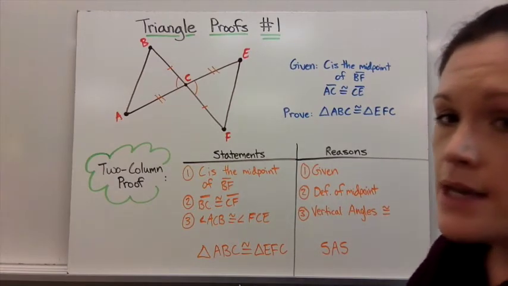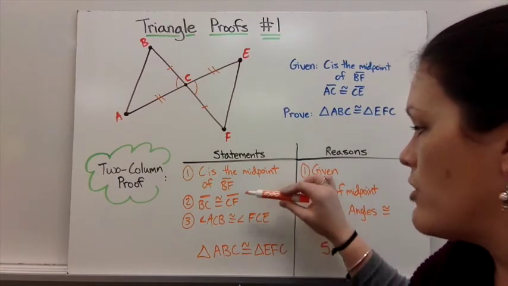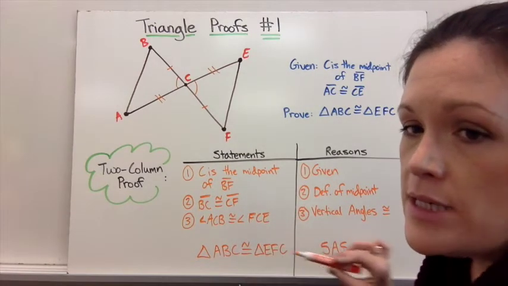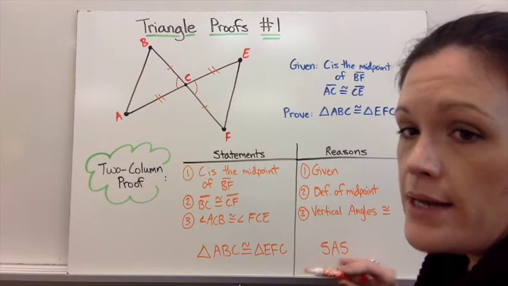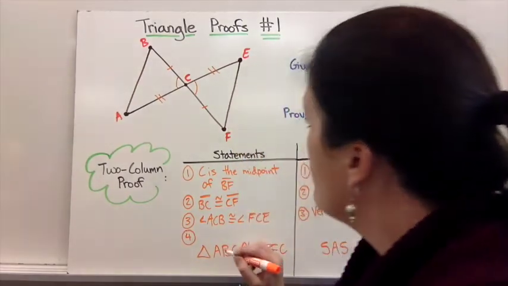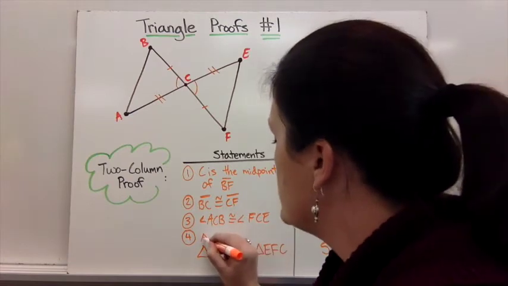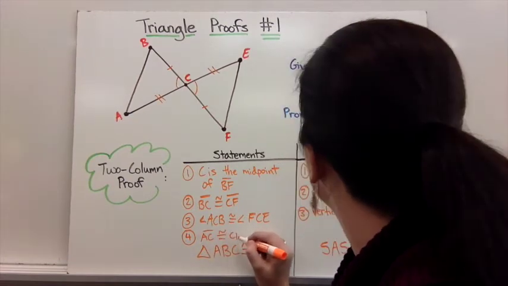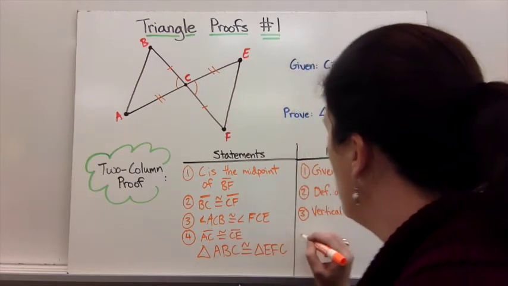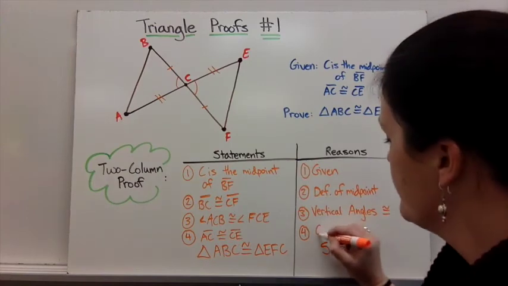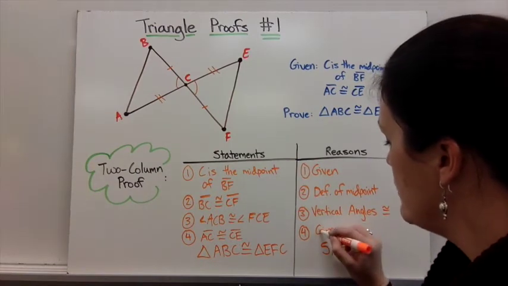And then I'm going to list the side that was given because it just flows well to have our side, our angle, and then our side, and then we state that these are congruent by side, angle, side. It makes lots of logical order and sense. So I'm going to put that side AC was congruent to side CE, and that was right here. That was given. So that's the only reason we need for that one.